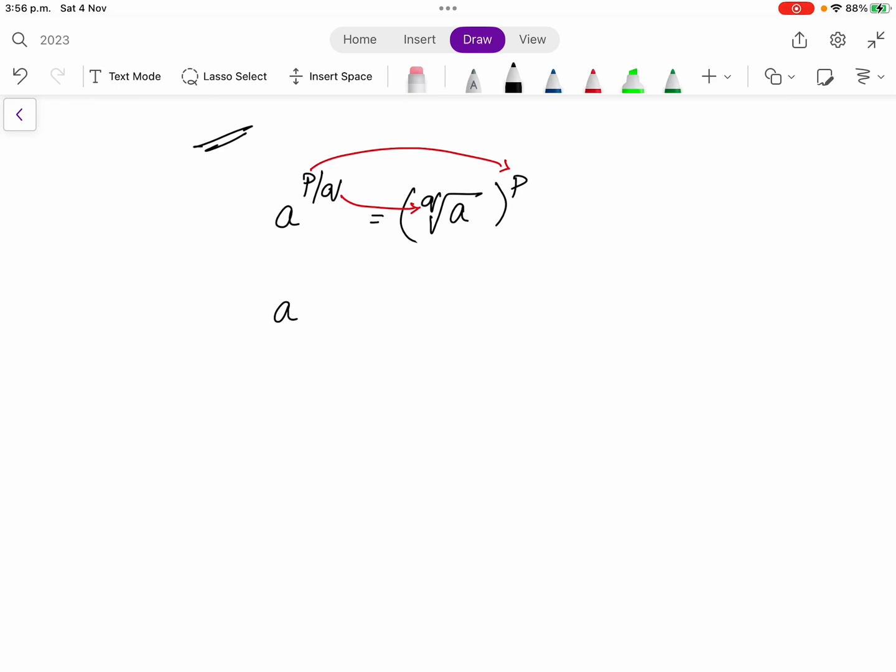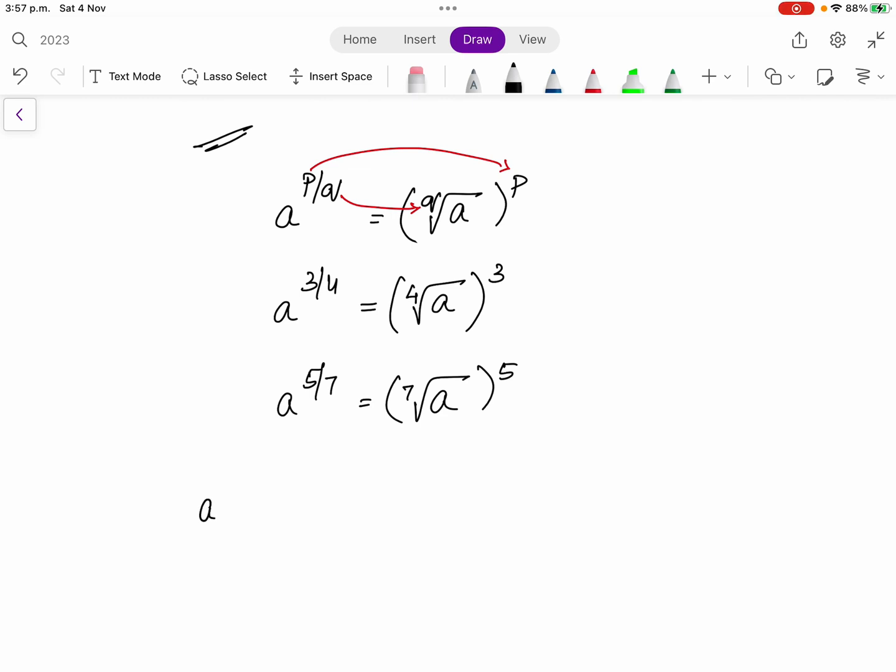For example, a to the power of 3 over 4 should be written with 4 as the root near a, and the 3 will come here. Or a to the power of 5 by 7: the 7 should be written here and the 5 will be coming here. So this you have to remember.